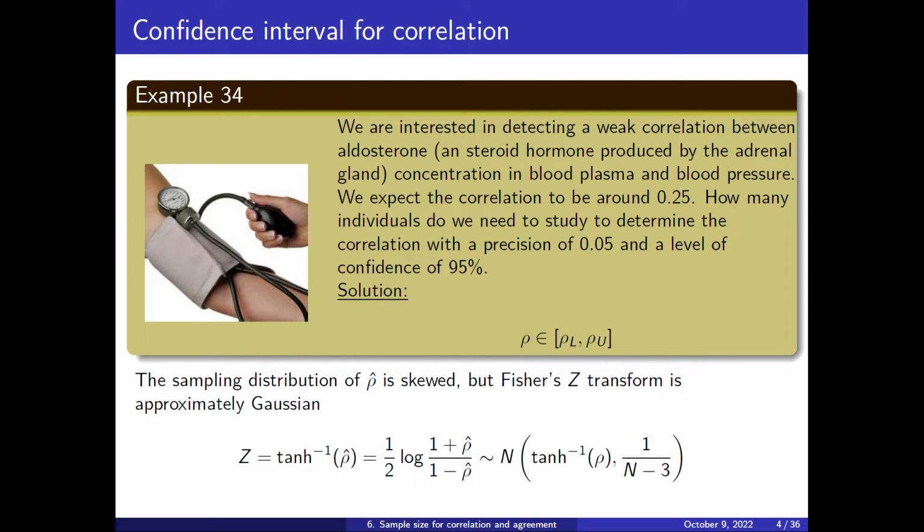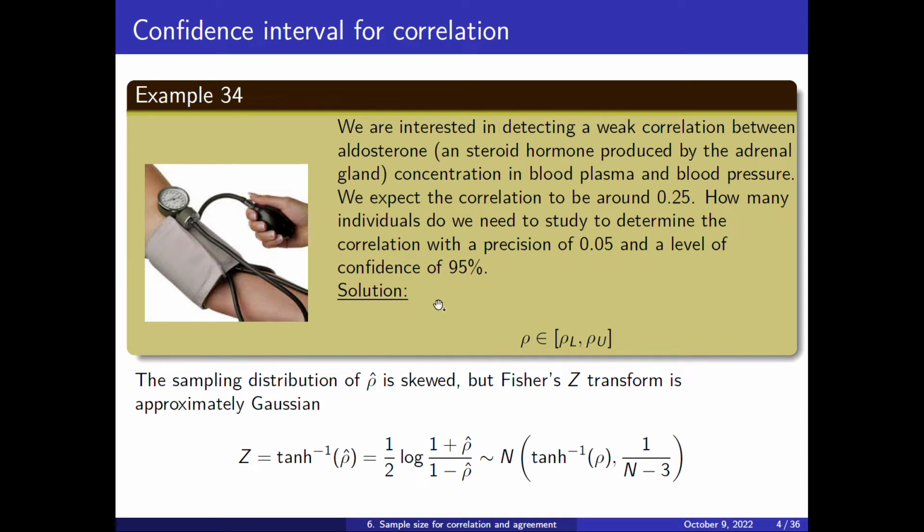So 0.25 is not too high, so it is a relatively weak correlation between the two. We want to construct this confidence interval with a precision of 0.05, and a confidence level of 95%.